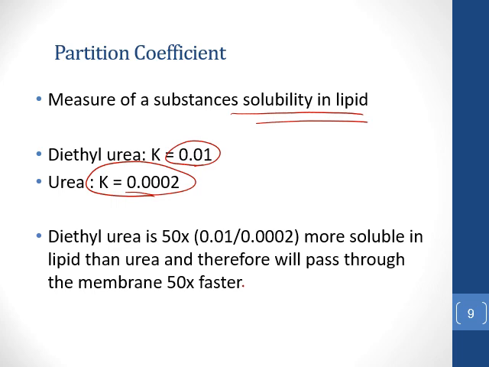Okay, so if you compare two molecules and you look at the rate at which they move across the membrane, now we're talking just simple diffusion here, that movement is going to be reflected in the relative rate at which the two molecules move.